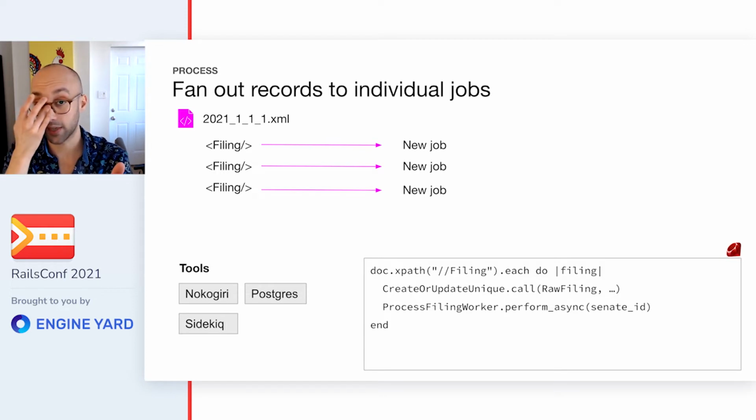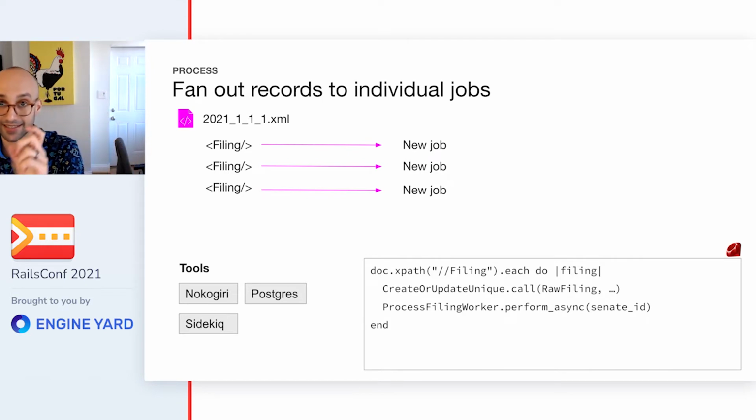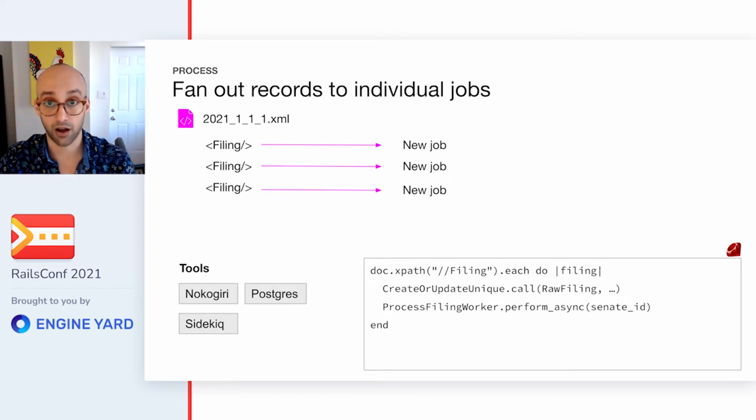Now that sounds a little weird. We haven't even processed the filing yet. We haven't really even looked at what the fields say. But by writing each filing string to Postgres, we can spawn off a job that actually processes that single filing that we've extracted from the file. And the only thing we need to pass to that job is the record ID in Postgres that contains the raw XML of that filing.